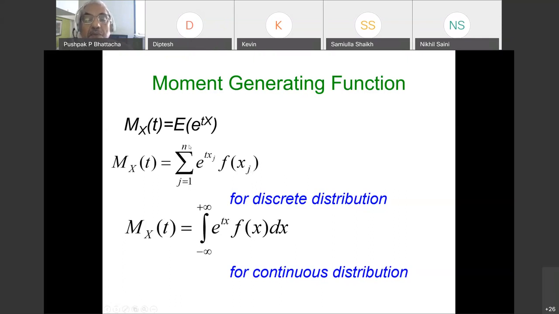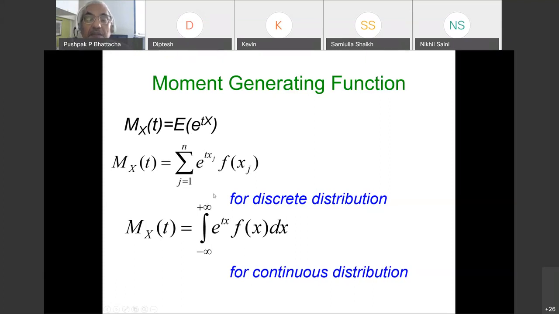I am interested in the expectation of e to the power tx. So I take e to the power txj multiplied by the probability mass function of xj. So this is the definition of expectation.